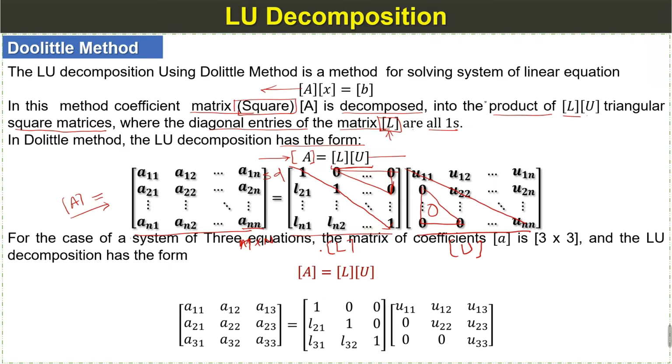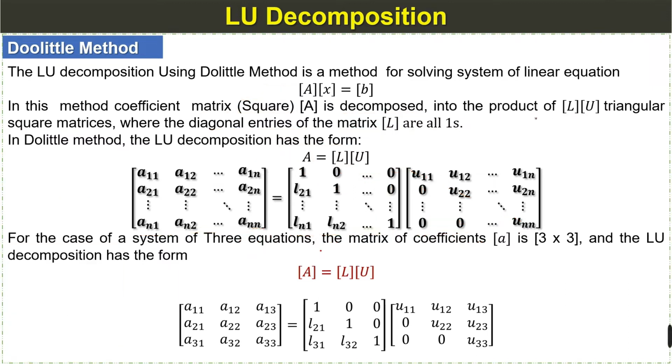For the case of a system of three equations, the matrix of coefficients A is 3 cross 3, and the LU decomposition has this form. So first we write the system of linear equations in matrix form, that is Ax equal to b, and the coefficient matrix A is decomposed into the lower triangular matrix and the upper triangular matrix.